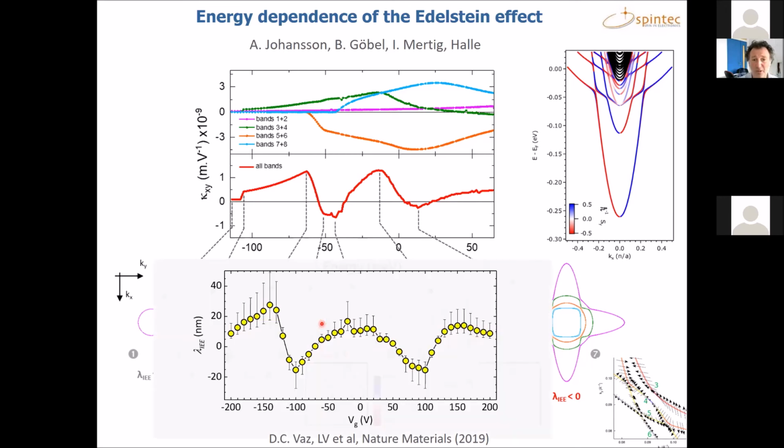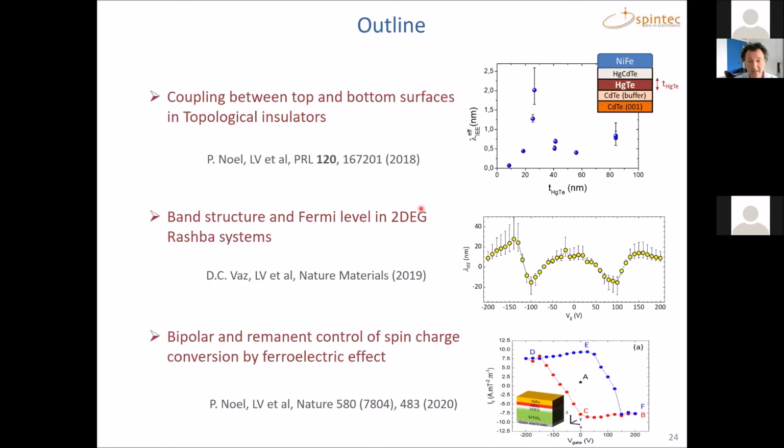So just to remind you, this is the experimental data, and I hope that the theoretical curve convinces you with the nice match of this explanation and calculation. So the last coupling we could also take advantage of is to try to control the spin orbit coupling in a remanent way through ferroelectric effect.